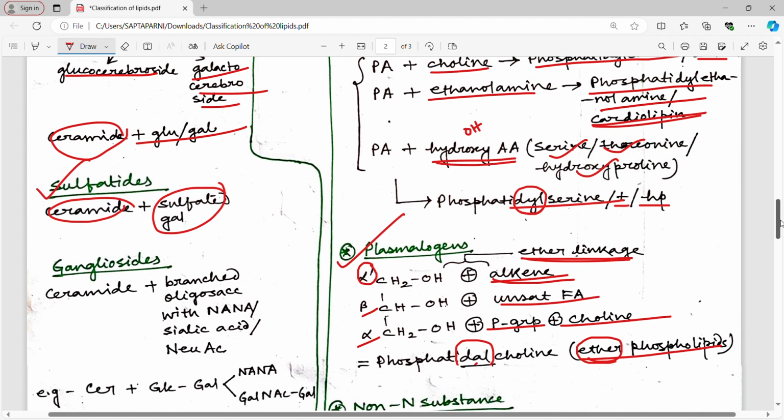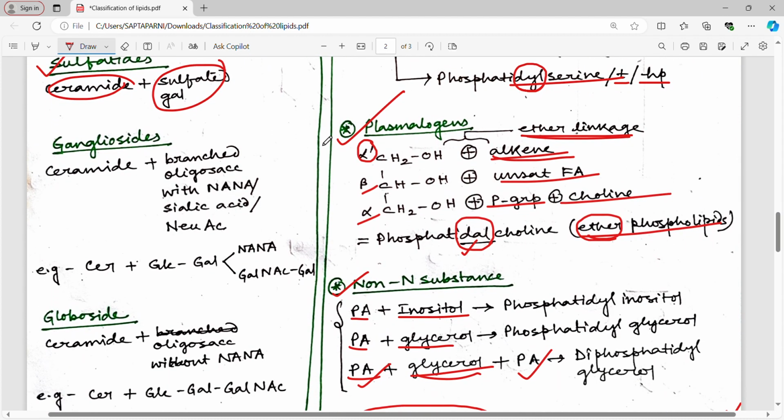Now coming to ganglioside and globoside. The third glycolipid is ganglioside. Here the ceramide forms a bond with a branched oligosaccharide which contains NANA or sialic acid or N-acetylneuraminic acid.